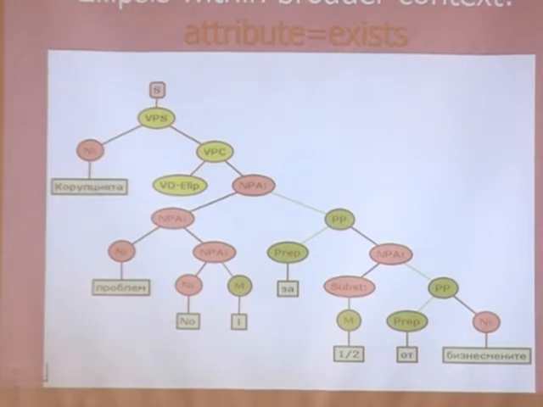And here what I meant by the attribute exists in the broader context. I said it's basically in the headlines of newspapers, and this sentence says, corruption, problem number one for half of the businessmen. And so here, this means corruption is problem number one for half of the businessmen. So it's a very frequent pattern.